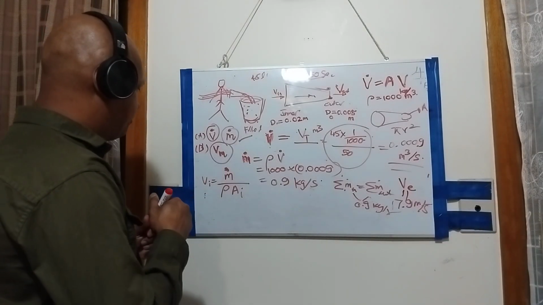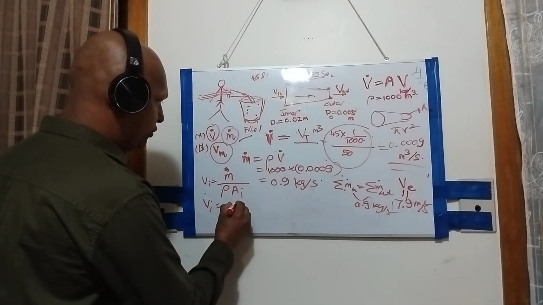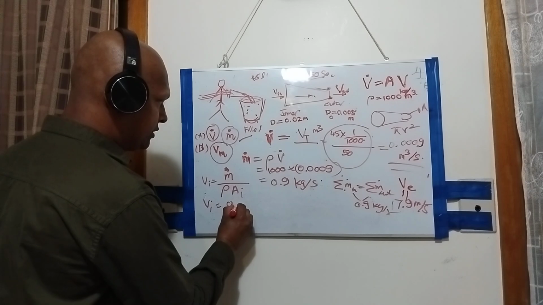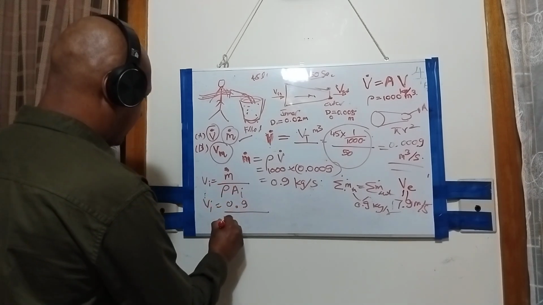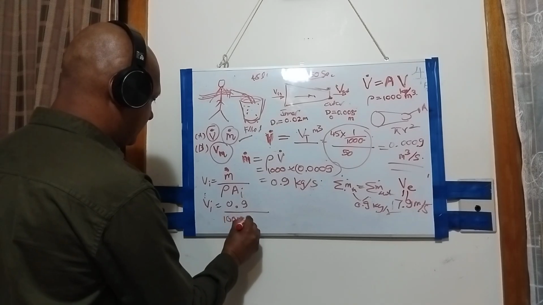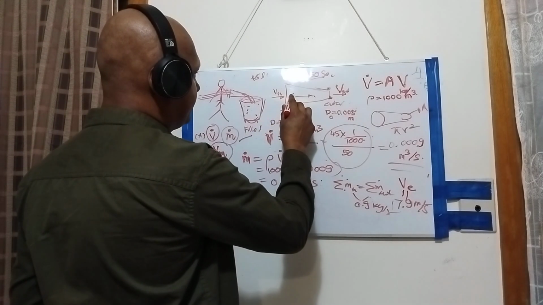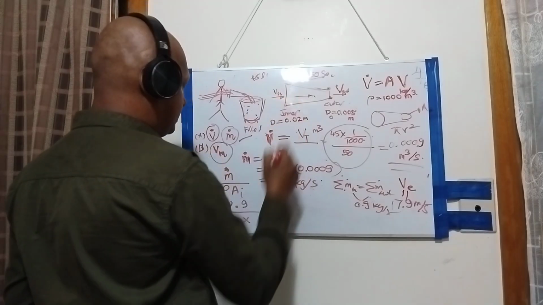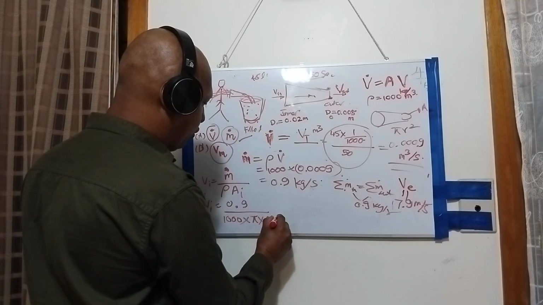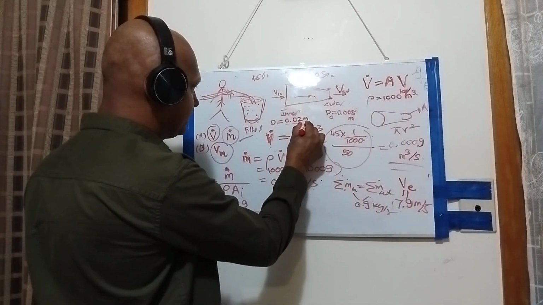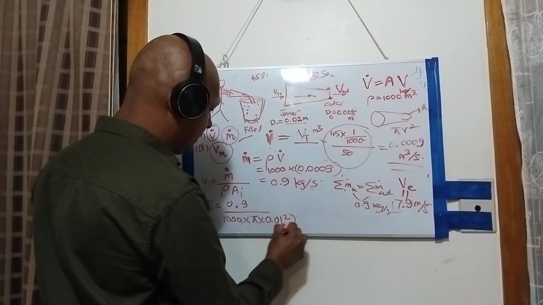So that mass flow rate equals 0.9 divided by rho is 1000, and the AI would be pi times 0.01, because that's the diameter, so we have to divide it by 2 to get the radius, squared.